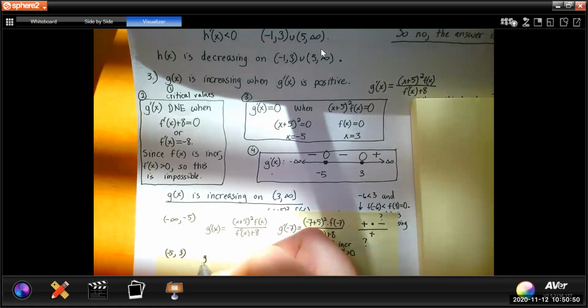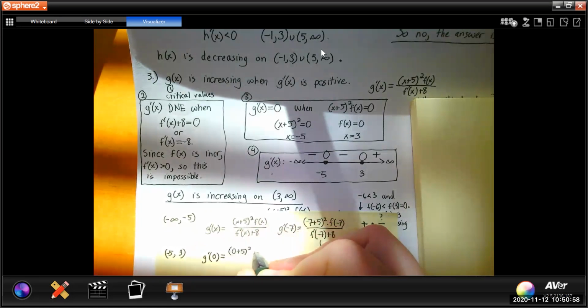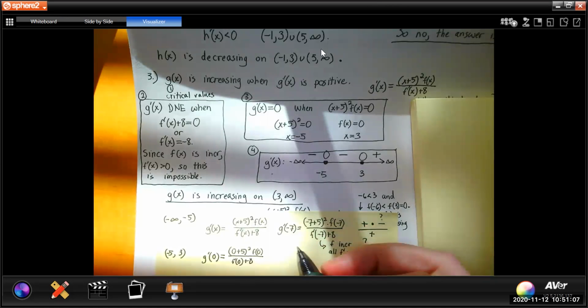Okay, let's repeat the exercise from -5 to 3. Now, I already told you we got the same result, but let's reiterate again why that's true. So 0 plus 5 quantity squared is positive because you're squaring a value. It's going to be positive. Why is f of 0 negative? The reason why f of 0 is negative is for two reasons.